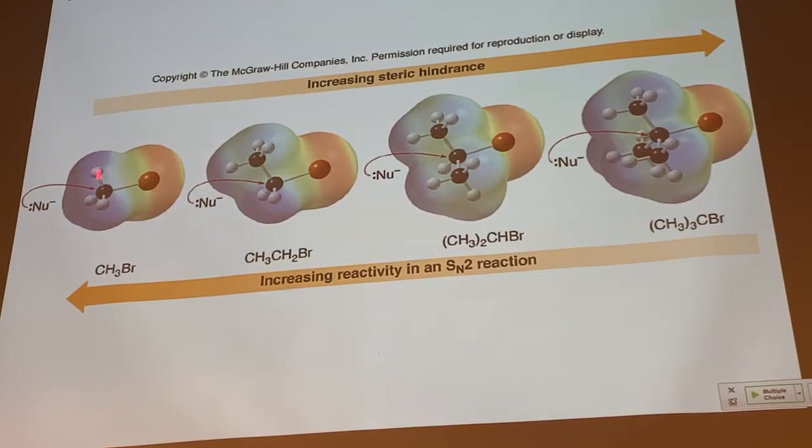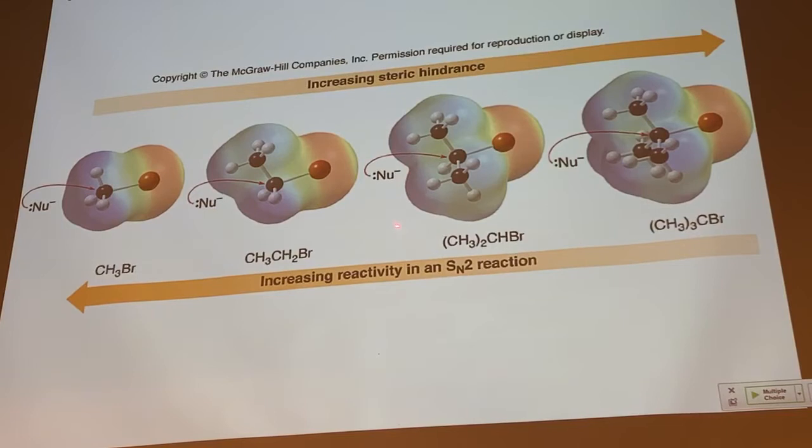And we see that as we replace hydrogens with alkyl groups, as we make our alkyl halide more hindered, now not only would we have steric hindrance at the transition state, we have steric hindrance as the nucleophile is approaching. So before we get to the transition state, we have steric hindrance as well.